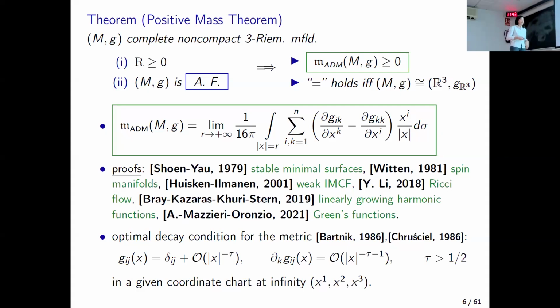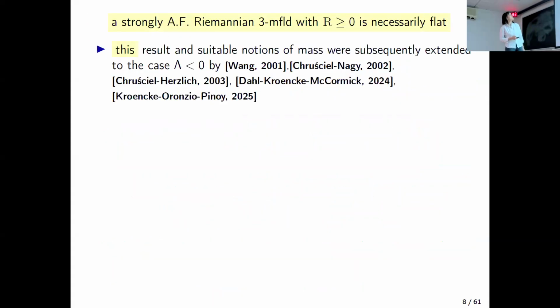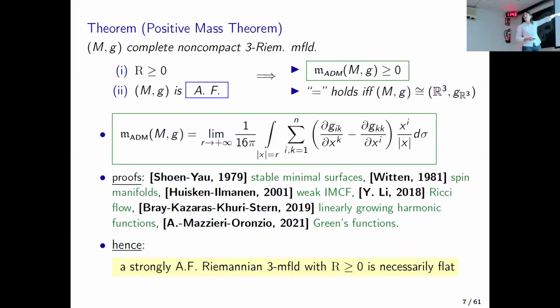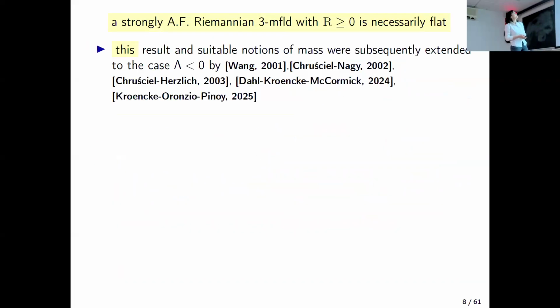So the decay rate towards the Euclidean must be like that. Let me say also that, since you have a positive mass theorem, if the metric goes to the Euclidean metric sufficiently fast, it's clear from the definition of the ADM mass that the mass will be 0, and then the space will be flat.